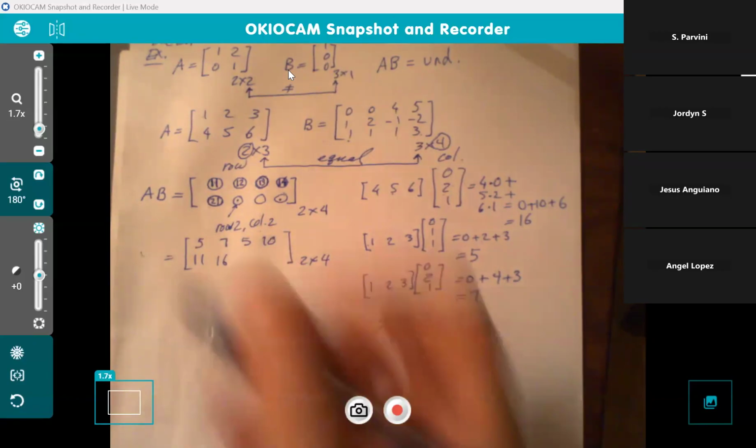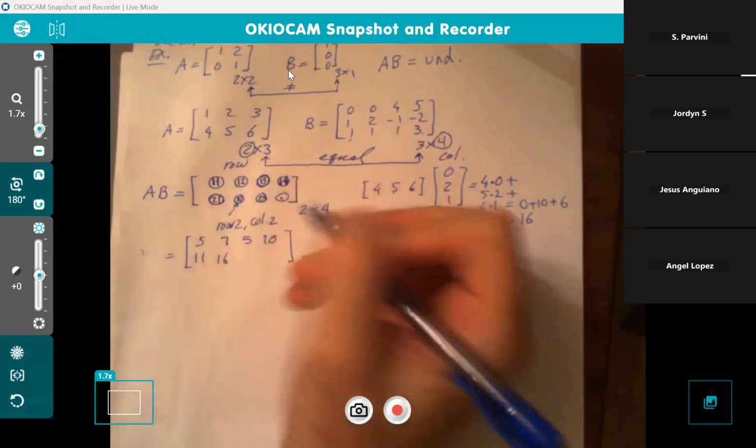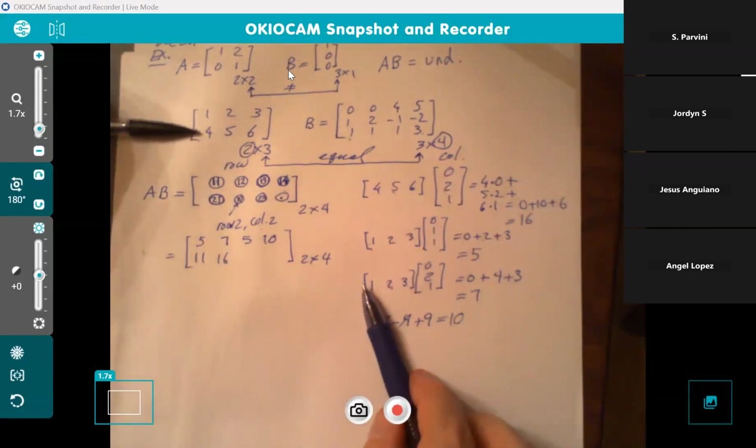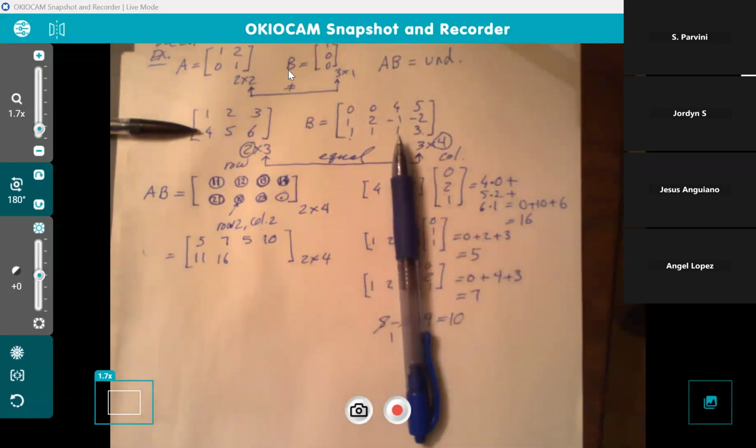And so we already did 2, 2. Let's do second row, third column now. Here's second row, and here's the third column. What should the product be? 17.